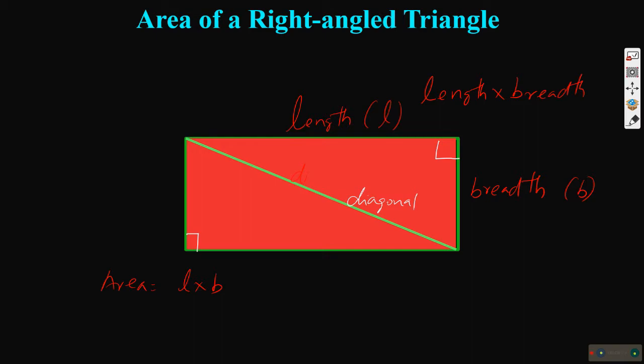So we know that this area is equal to 2 into the area of one right angled triangle, correct?